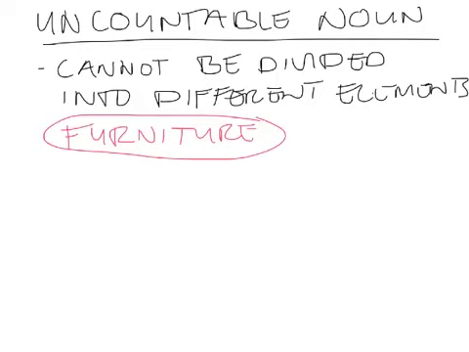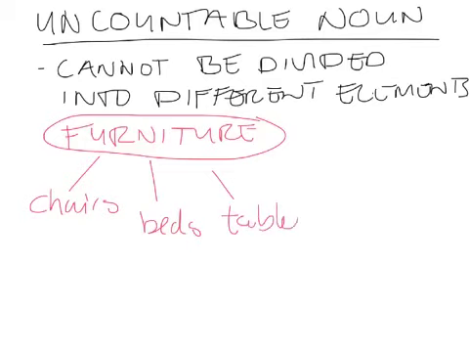Within that element we have, for example, chairs, beds, tables, bookshelves, etc. But the word furniture is not divided into different smaller elements.